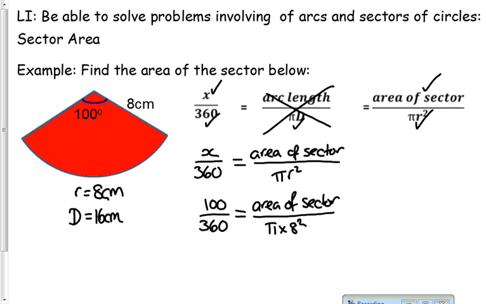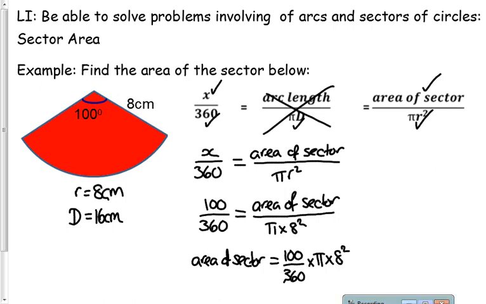And finally I can rearrange that so that I get area of sector on its own. So I'm going to have area of the sector. Again, I'm just swapping it so that the area of the sector is on the left. But that is going to be my 100 divided by the 360 multiplied by pi times 8 squared.